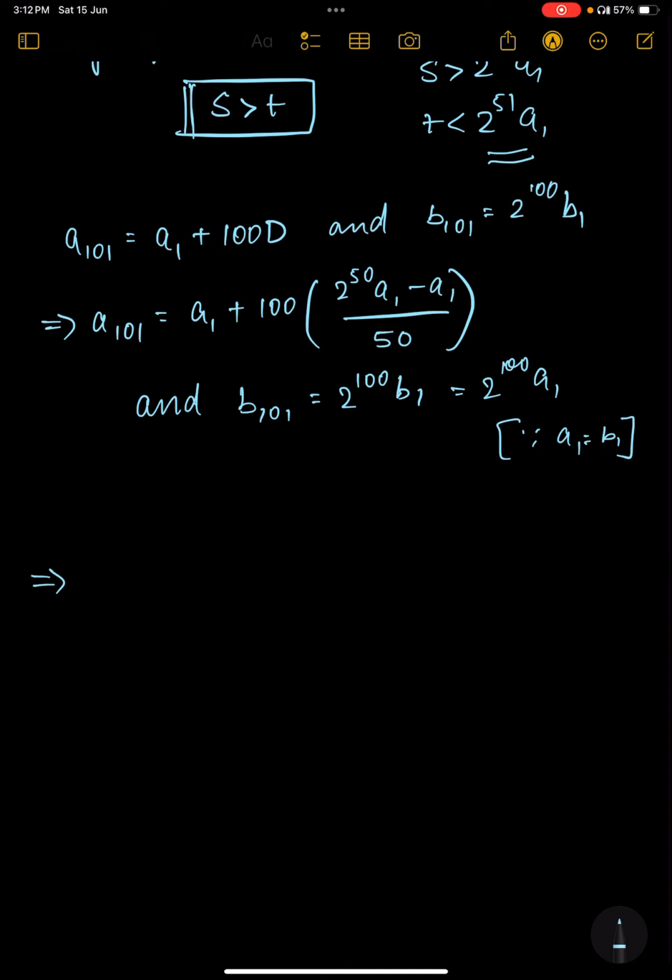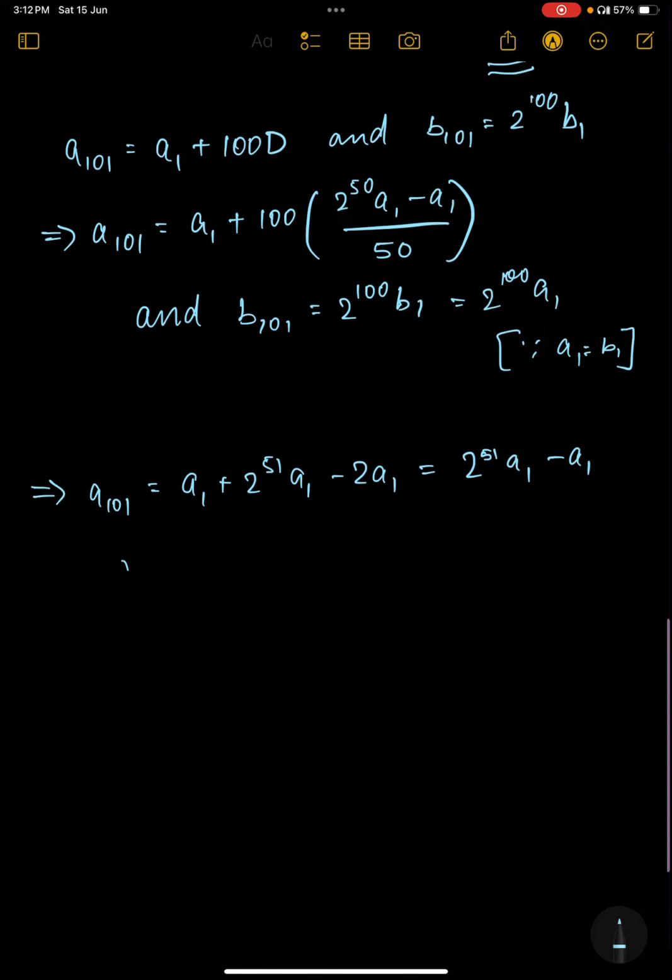So finally what I have is A101 is equal to A1 plus 2 power 51 A1 minus 2A1, which is nothing but 2 power 51 A1 minus A1.